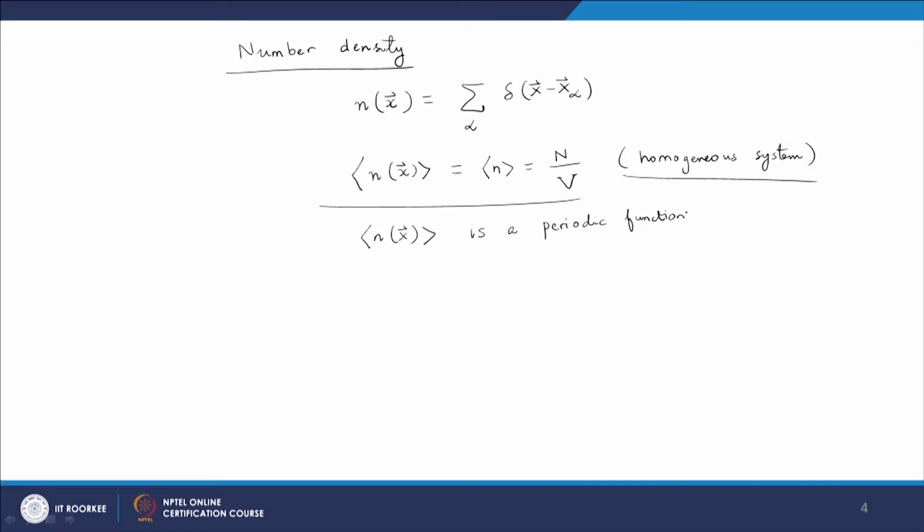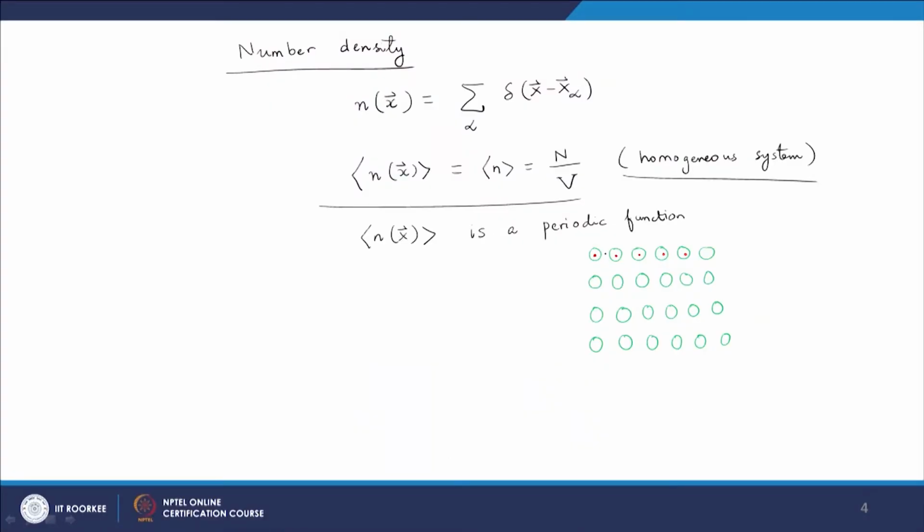Just to recall how a solid looks, if I find a number density here, here, here, here, here at certain distances, we should get the same value.